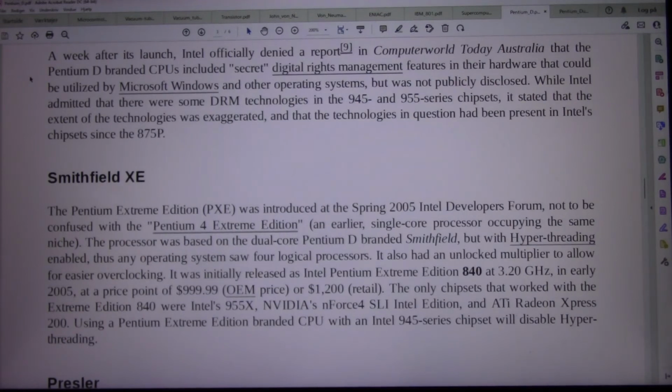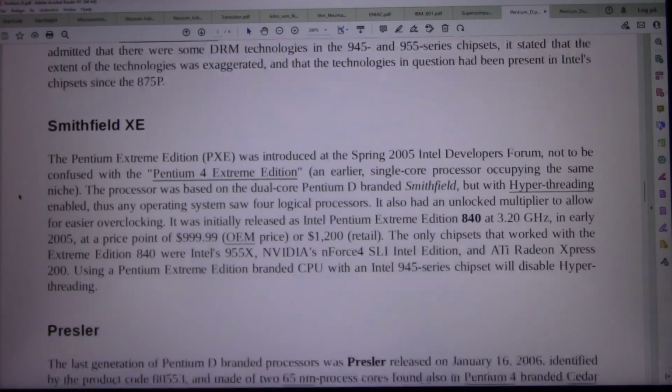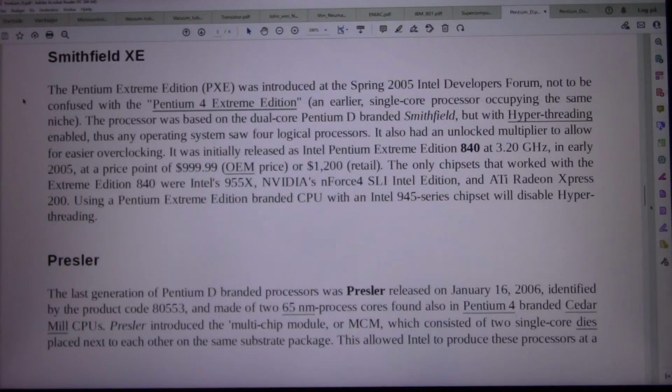While Intel admitted that there were some DRM technologies in the 945 and 955 series chipsets, it stated that the treatment of the technologies was exaggerated, and that the technologies in question had been present in Intel's chipsets since the 875P.